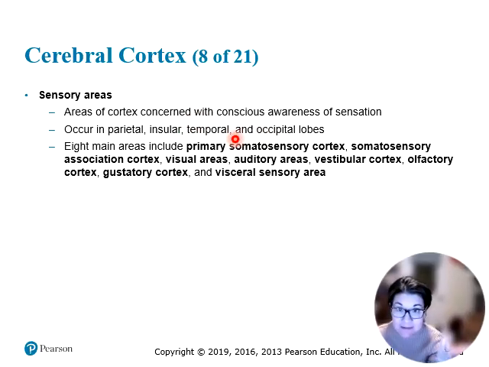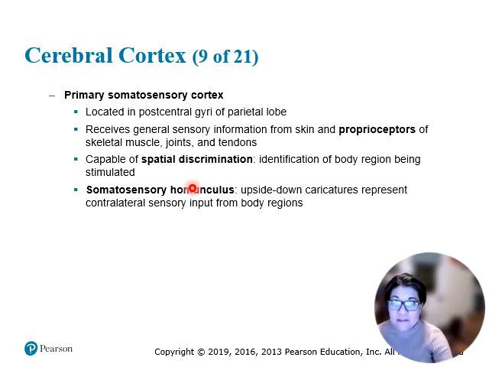Okay, your sensory area is right behind, like right where the parietal lobe is. This is sensation. And there's 8 main areas, so primary somatosensory cortex, somatosensory association cortex, visual areas, auditory, vestibular cortex, olfactory, gustatory, which is taste, and visceral. Okay, and that same homunculus that I showed you applies to this.